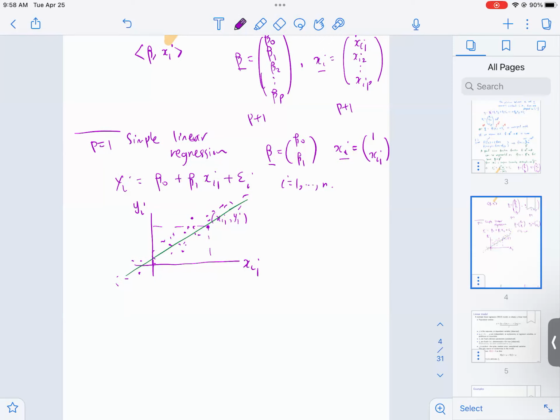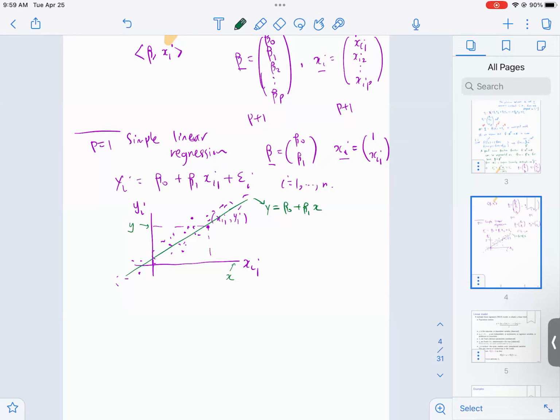Let's call this x, call this y. The mathematical equation of this line is y is equal to beta 0 plus beta 1 x. So that's the line.